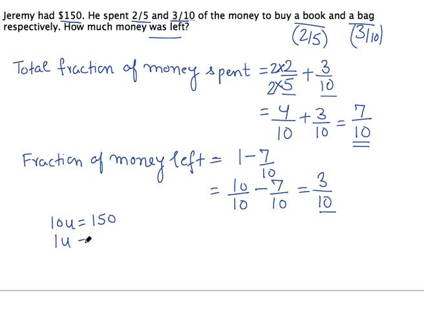So 1 unit will be equal to 150 divided by 10, which is equal to 15. Now out of this 10 units, he is left with 3 units, right? So it's easy to find 3 units, which is equal to 3 times 15, which is 45.